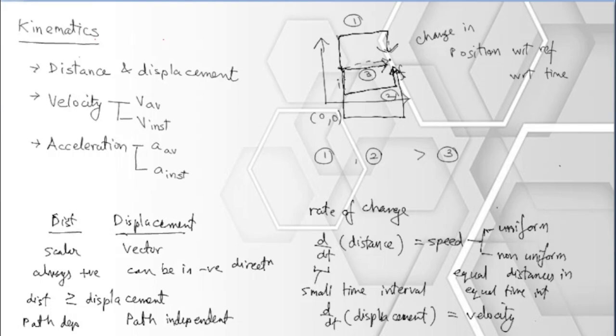And non-uniform velocity or non-uniform speed can refer to a body covering unequal distances in equal amounts of time, or equal distances in unequal amounts of time. Basically, the length of the path covered per unit time varies.